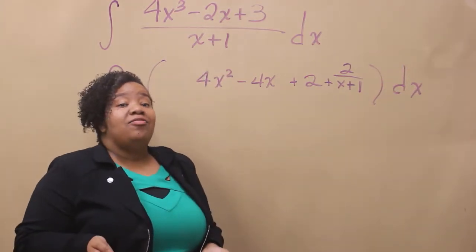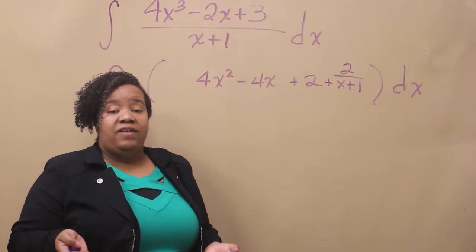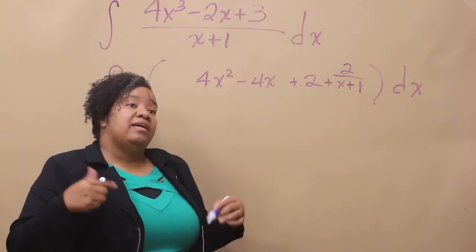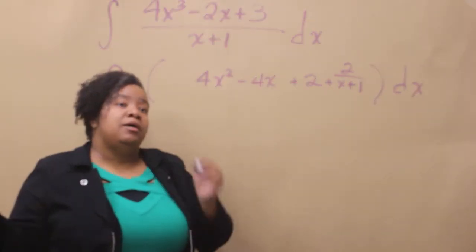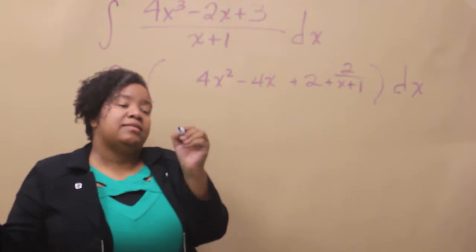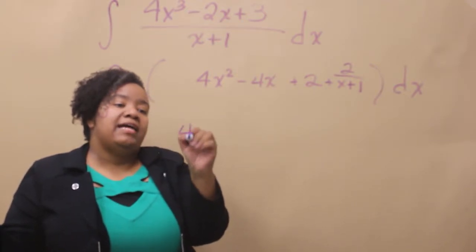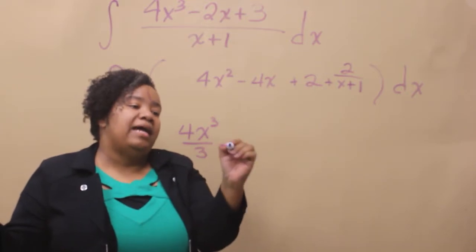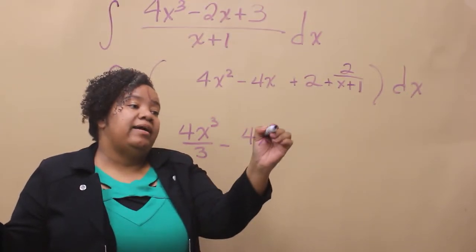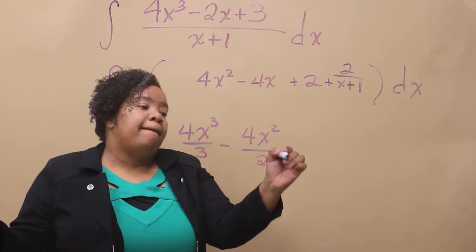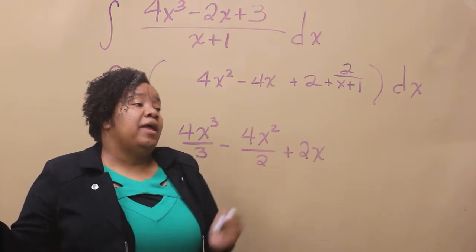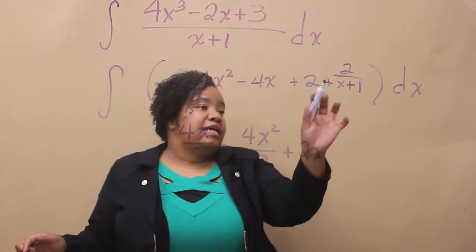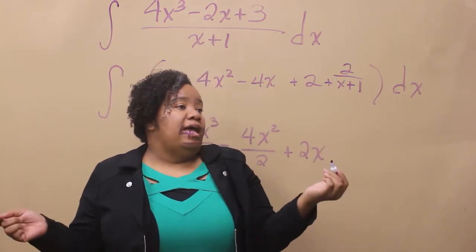All right, so now that we've used long division to simplify this problem, we can continue with our integration. We know that the integral of 4x squared is 4x cubed over 3, and then here we get minus 4x squared over 2 plus 2x, and then here we've got plus the remainder over x plus 1.